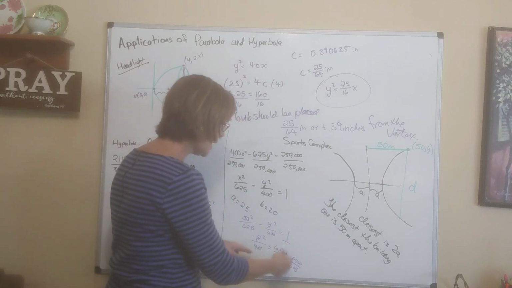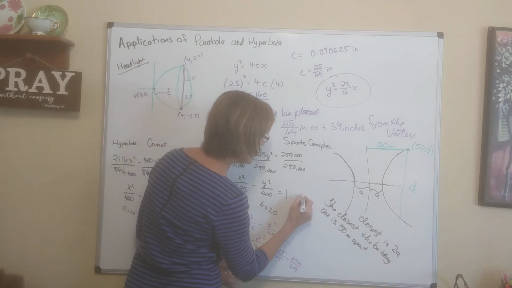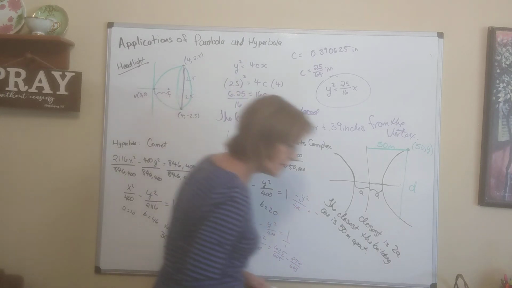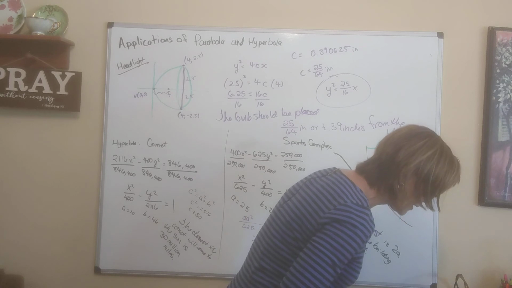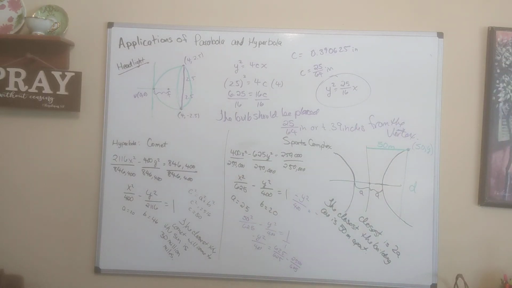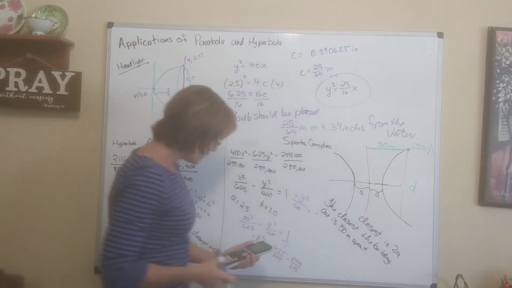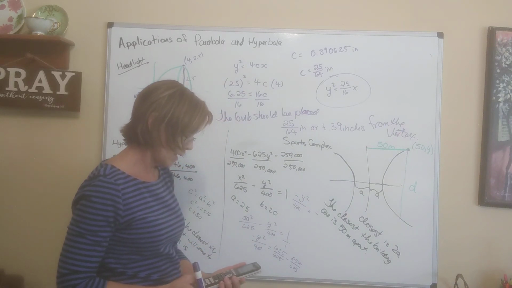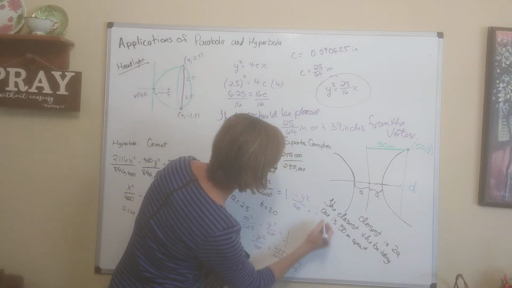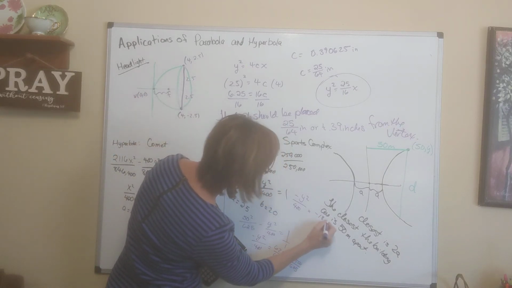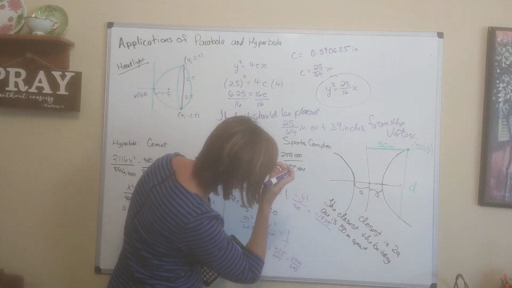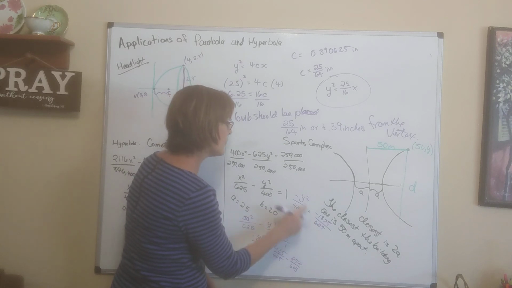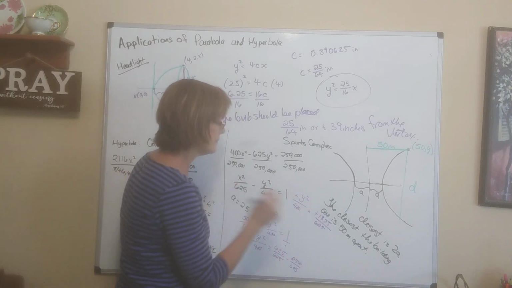Let me do it this way now. 625 minus 2500 is negative 1875 over 625. All right, if I multiply both sides by -1, it's going to turn these positive. So that took care of my negative issue.